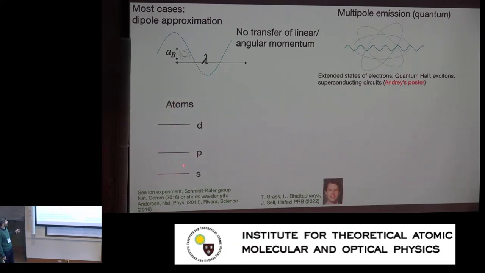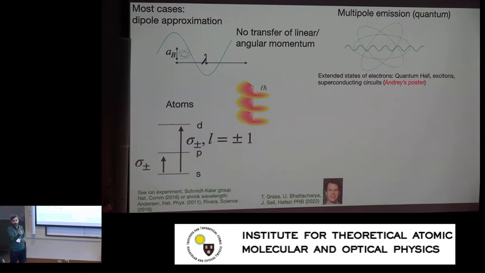If you just have a simple atom, you have this dipole transition from S to P and then P to D. But you don't have an S to D transition because that's dipole forbidden, meaning that you need two quantum units of angular momentum to go from S to D state. And that's actually a very nice experiment in the group of Schmidt-Kaler in Mainz.